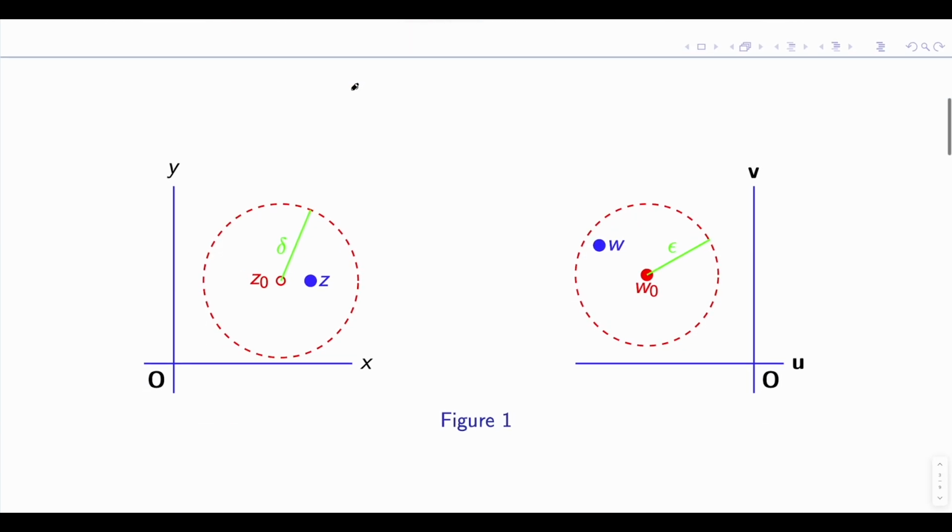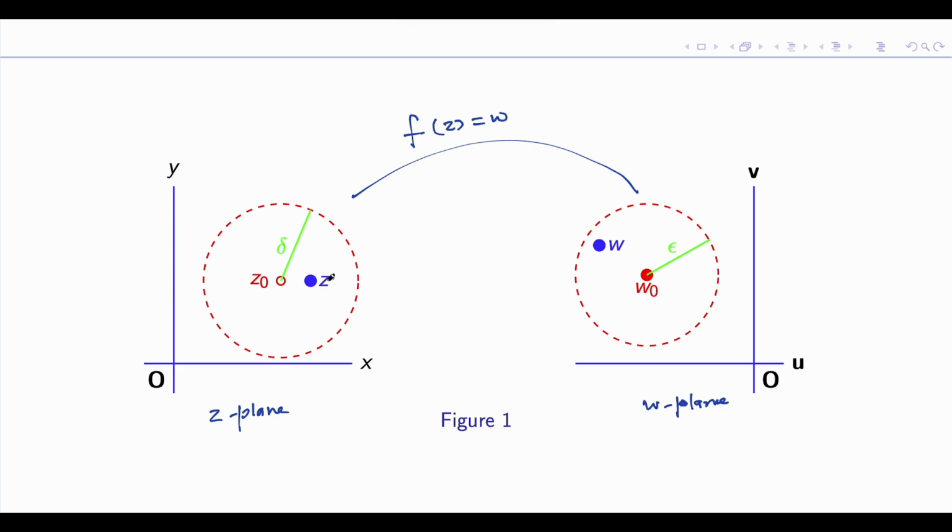So if you see, this is your z plane and this is your w plane, and you have your function f from z plane to w plane defined by f(z) equal to w.